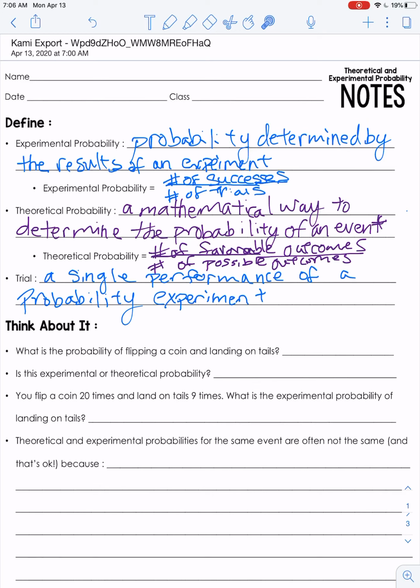So we'll be doing trials to figure out our experimental probability.